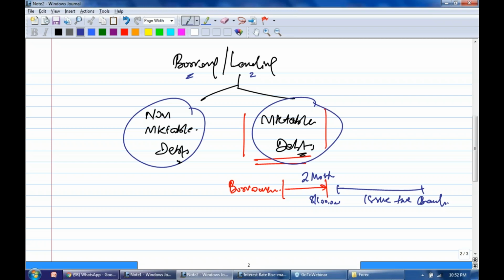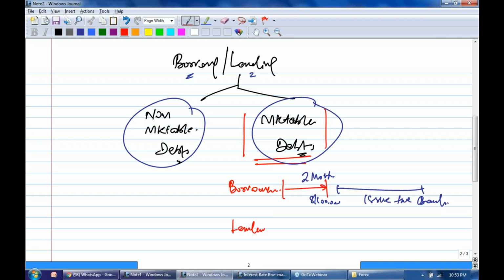But the same thing with respect to the lender. Lender position: for example, you want to lend money. After 2 months, you have a spare fund of 70,000 and you want to lend money to the bank. This is non-marketable debt.